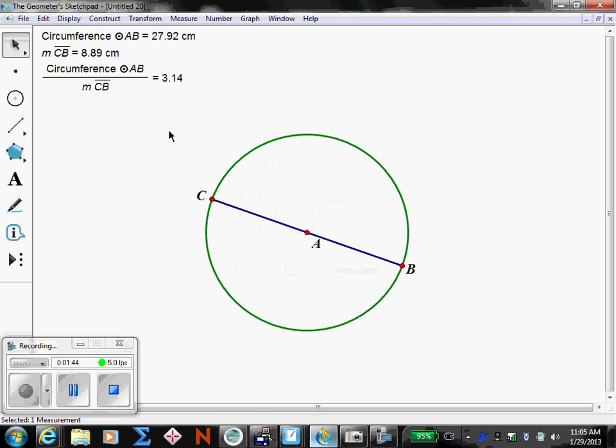I get 3.14, which of course Sketchpad rounds off, is the same thing as pi. So that's where pi comes from. The length all the way around a circle divided by the length of the diameter will always give you pi.